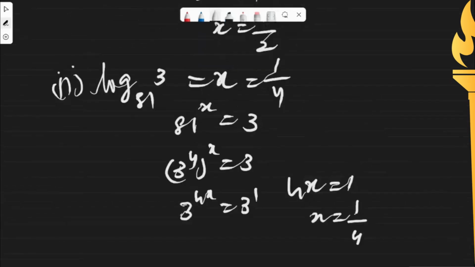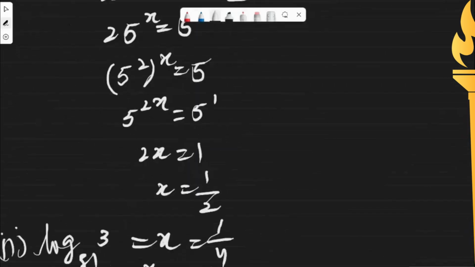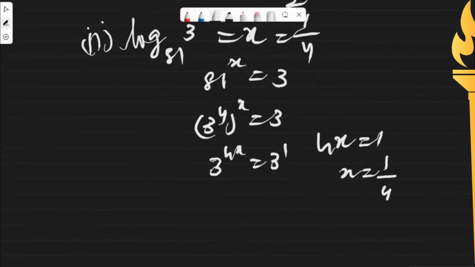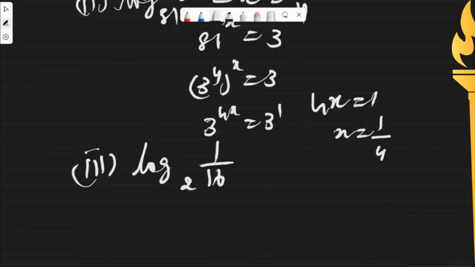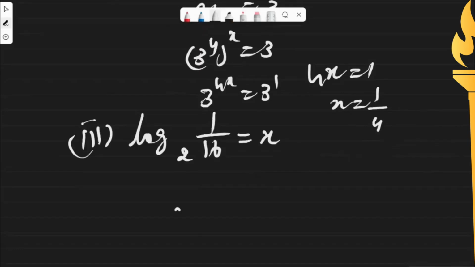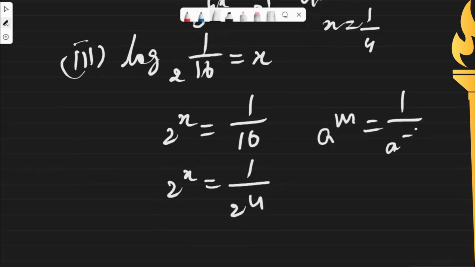Next one, third one. What do we have for third one? Log 1 by 16 base 2. Again let it be equal to x. 2 power x equal to 1 by 16. 16 is 2 power 4, so 1 by 2 power 4, and we know a power minus m equal to 1 by a power m.